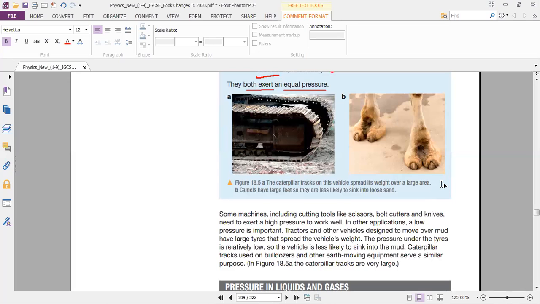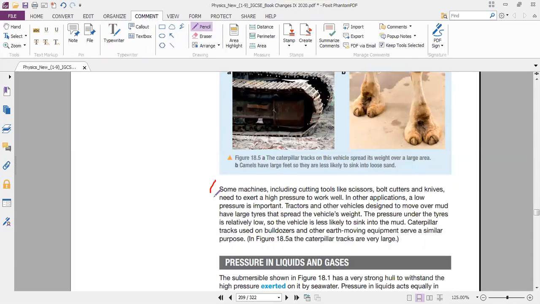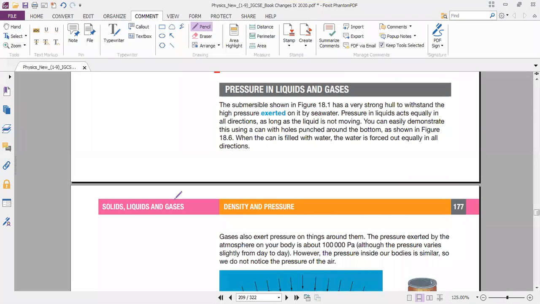High pressure works, and scissors, bolt cutters, knives work easily to cut anything. So you must read this paragraph properly too. Now we'll read pressure in liquids and gases.